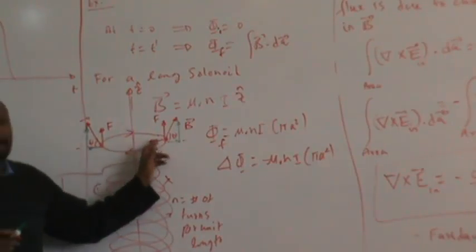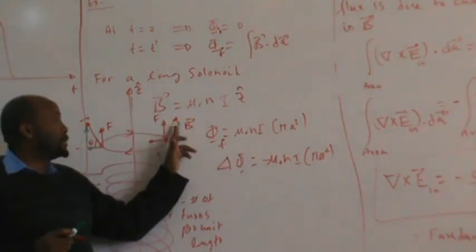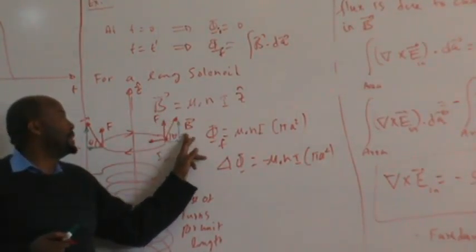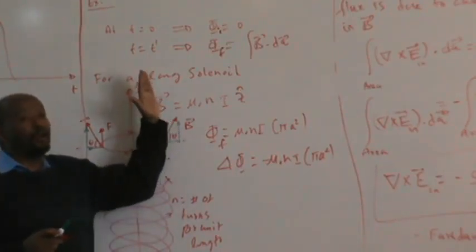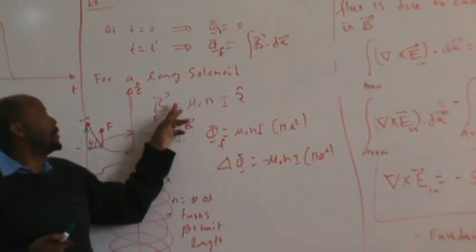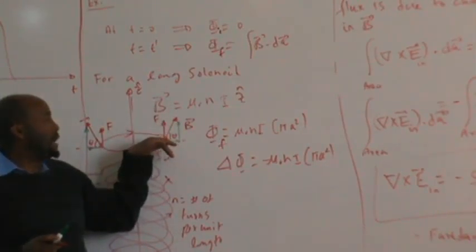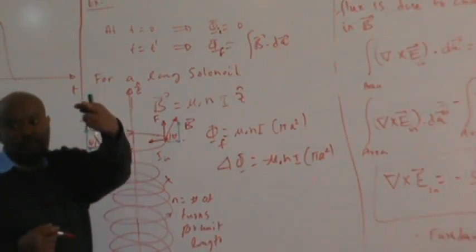Just think of a current coming towards you at this point, and we are talking about the component of the B field that's normal to the ring, which is pointing along the z direction. So you have a B field component along z, and a current that comes in the positive x direction.